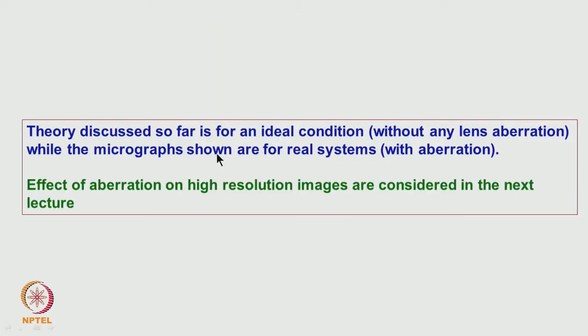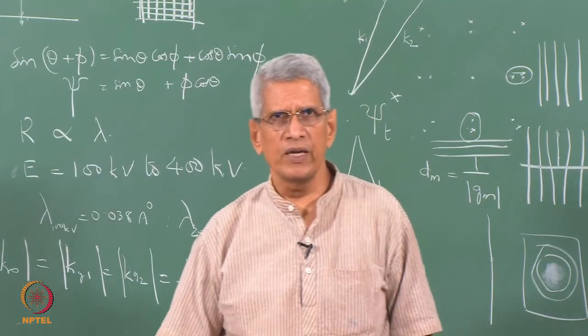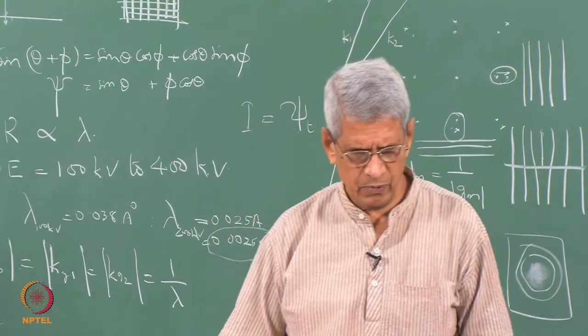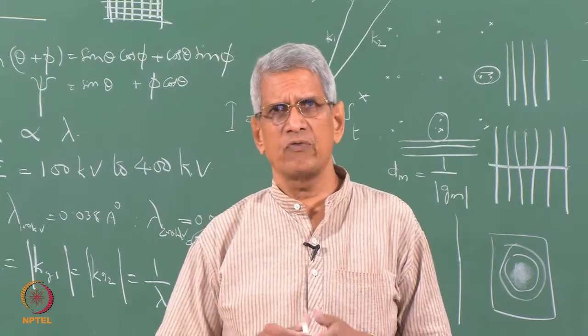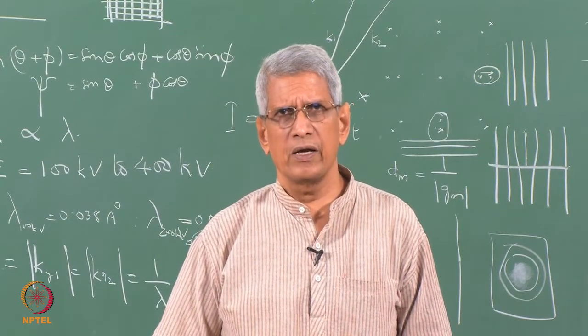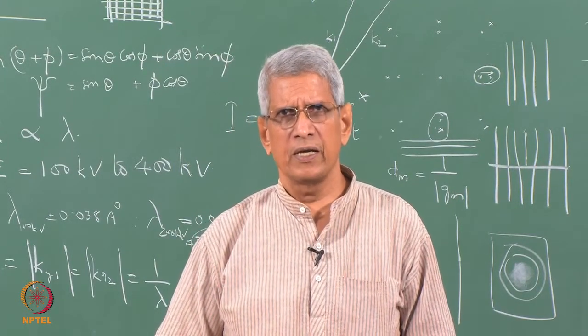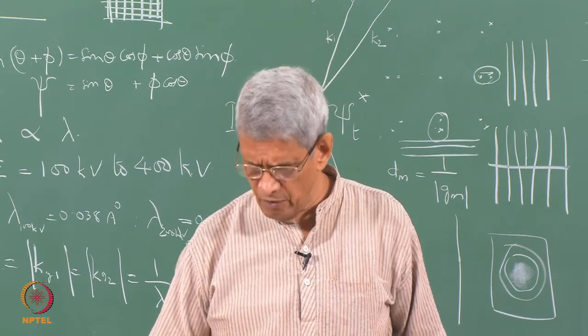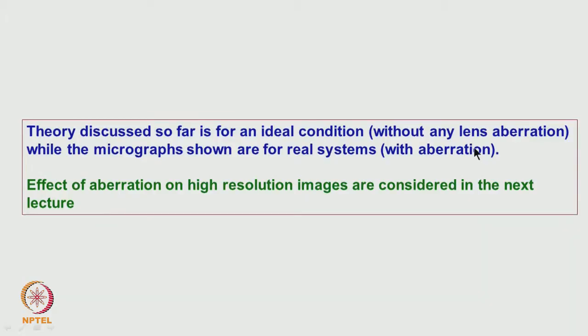So, what we have done so far is discuss phase contrast image formation in an electron microscope when the lens aberrations are 0. But real microscopes contain lenses that are not aberration free; they do contain aberration.